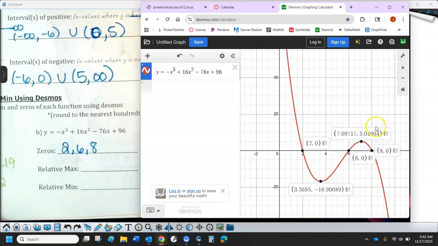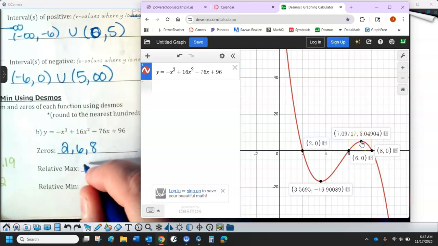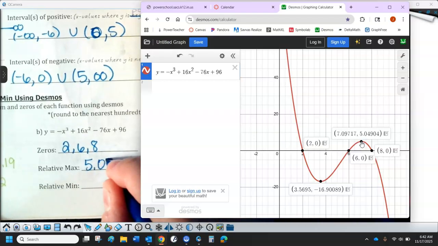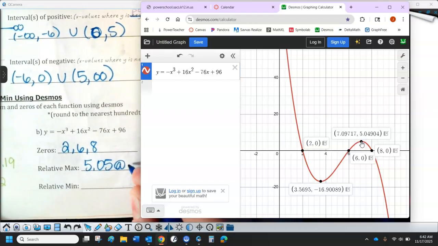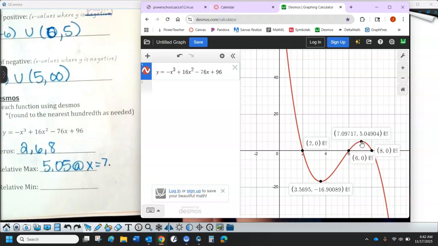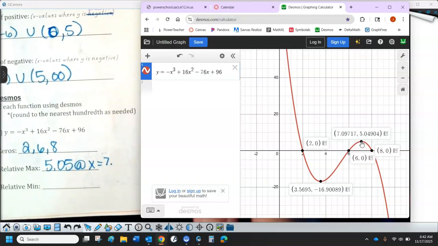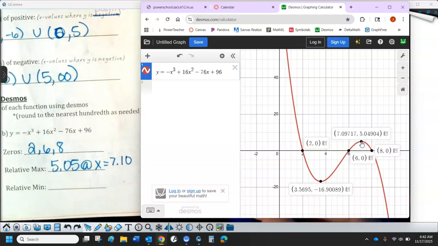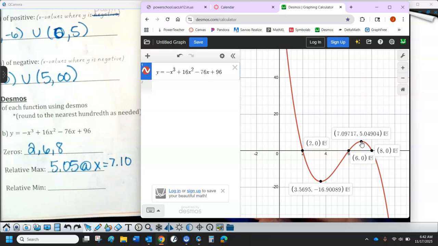The relative max is like looking at a parabola turned upside down, where the vertex would be is what it looks like. And I'm going to say 0.05 for our relative maximum, and that's at the x value of about 7. If we round that to the nearest hundredth, we'll just have to go 7.10, or you can just put 7.1.